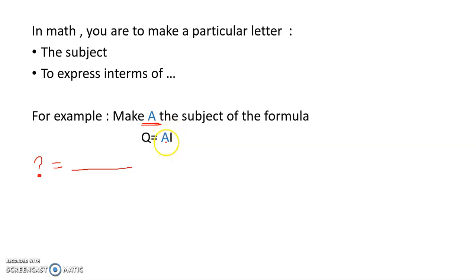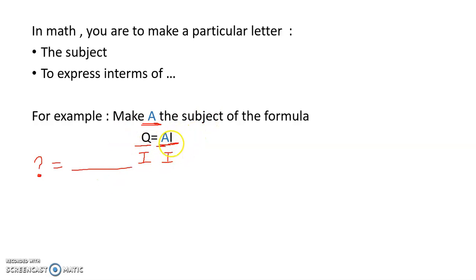So instead of multiplying A by I, we are going to divide it by I. The opposite of multiplication is division. Why do we divide it by I? Because we want to get rid of the I. And anything you do to one side of the equation, you have to do to the other. So once we divide this side by I, we'll have to divide the other side also by I.